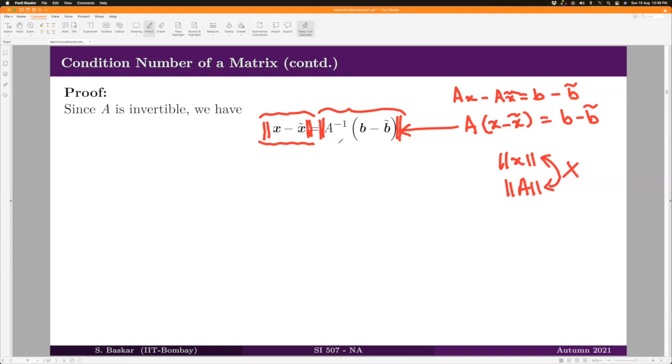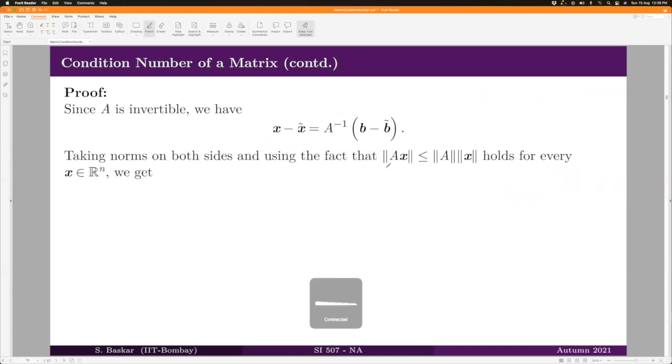Once you see this, you can recall one of the properties of the subordinate matrix norm discussed in the last lecture, and that is, if you have Ax equal to b, then the vector norm of b is less than or equal to the subordinate matrix norm of A times the vector norm of x, right?